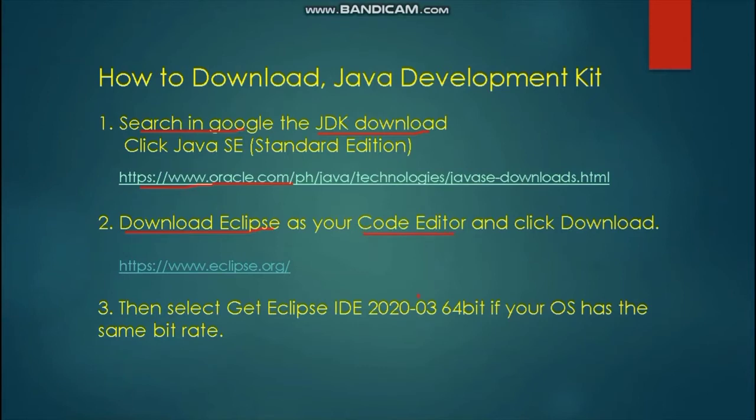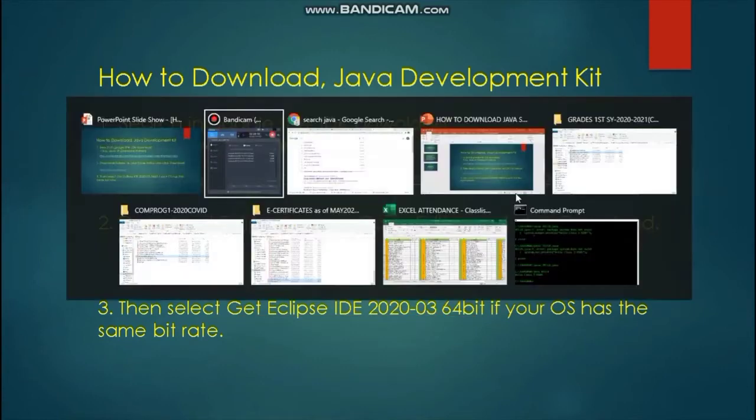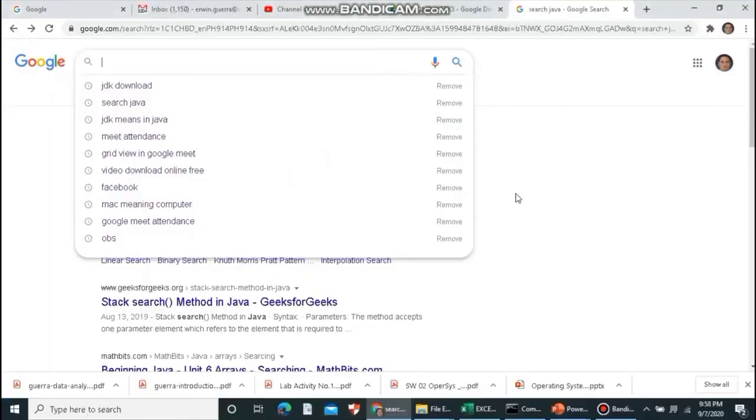Okay, and after downloading, we're going to get Eclipse IDE 2020-03 64-bit for our OS, and we're going to install that also in our computer. Okay, so let us proceed going to our Google search.